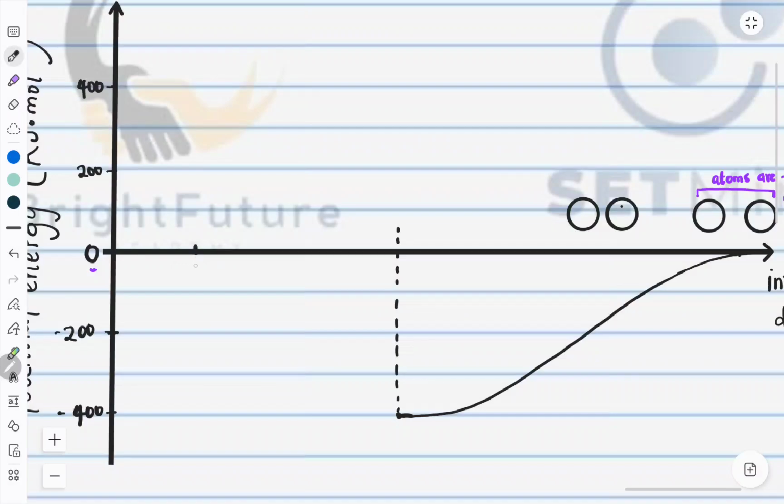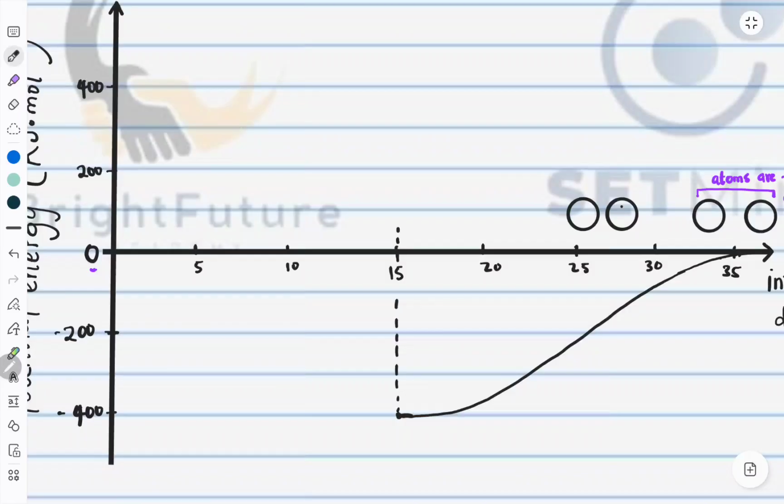You can put 5, 10, 15, 20, 25, 30, maybe 35. These are all picometers.